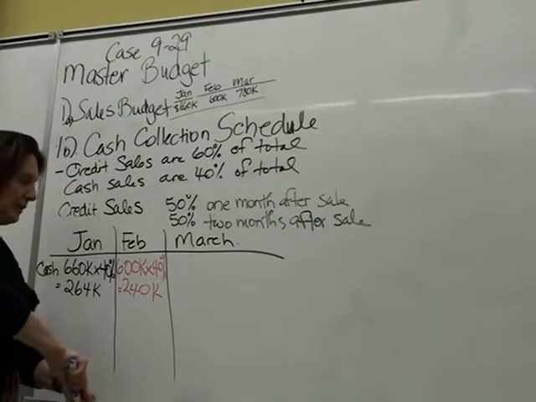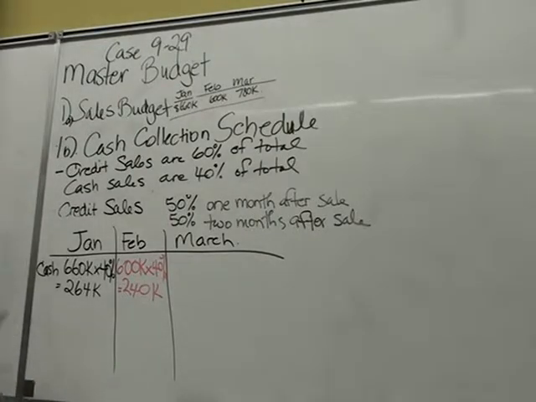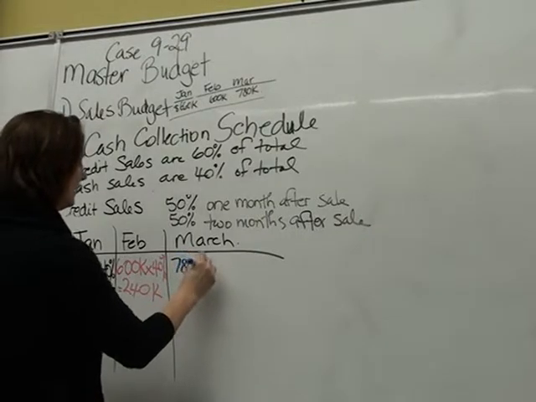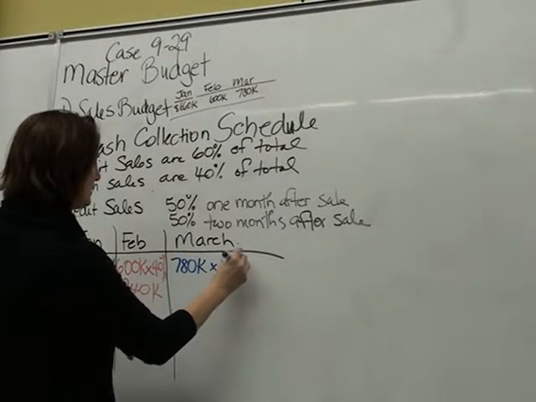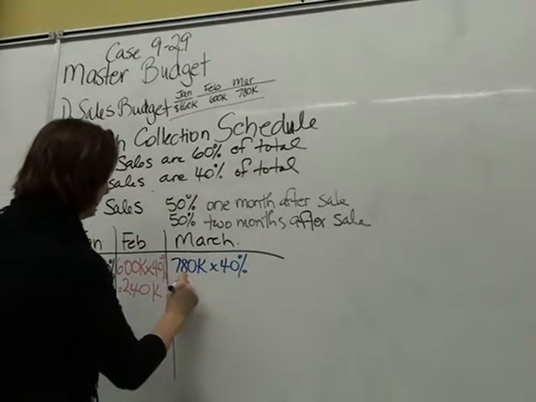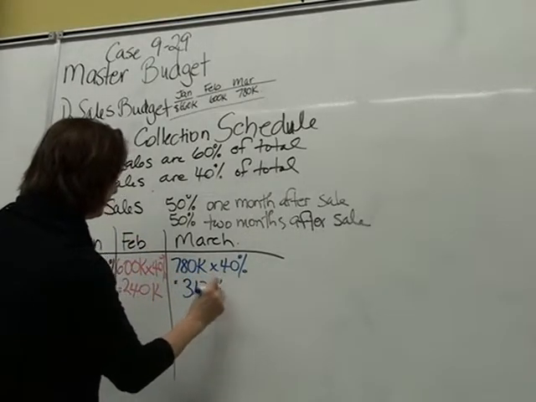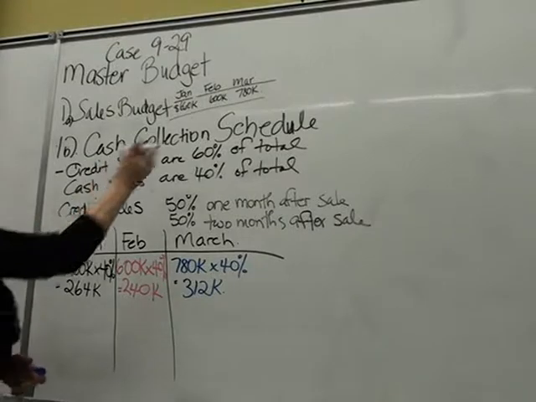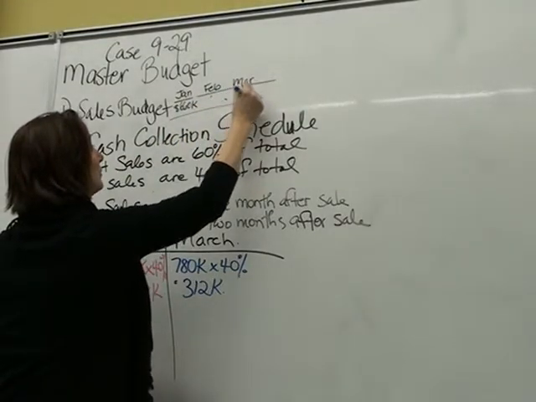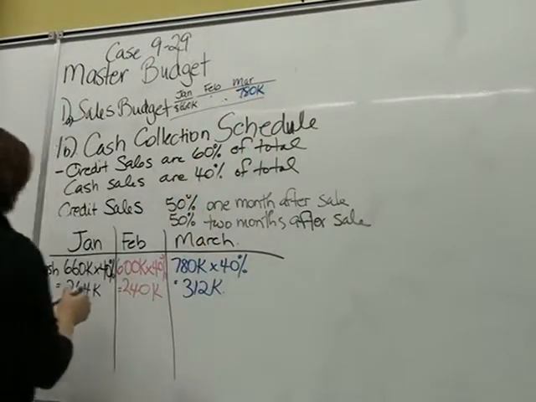I'm doing these in 3 different colors, just because I love color, so that we can see where these numbers are coming from. So 780K times 40%, which is a bigger number, 312K, right? Okay, so I'm going to make this one blue, and I'll make that one red.